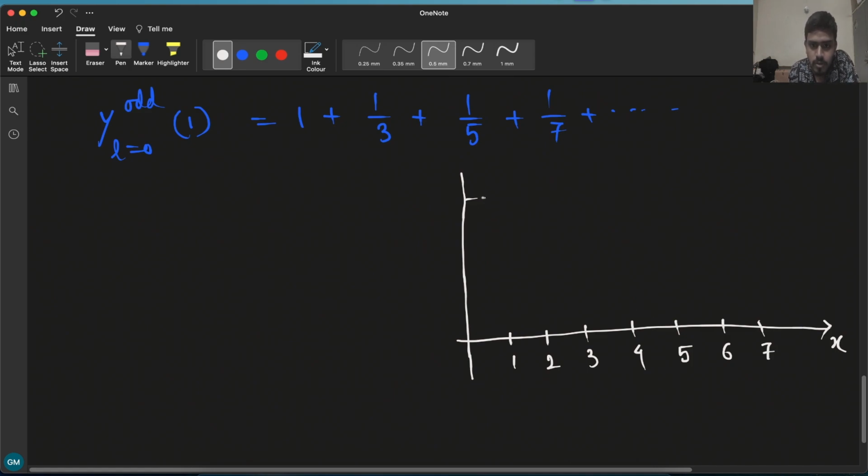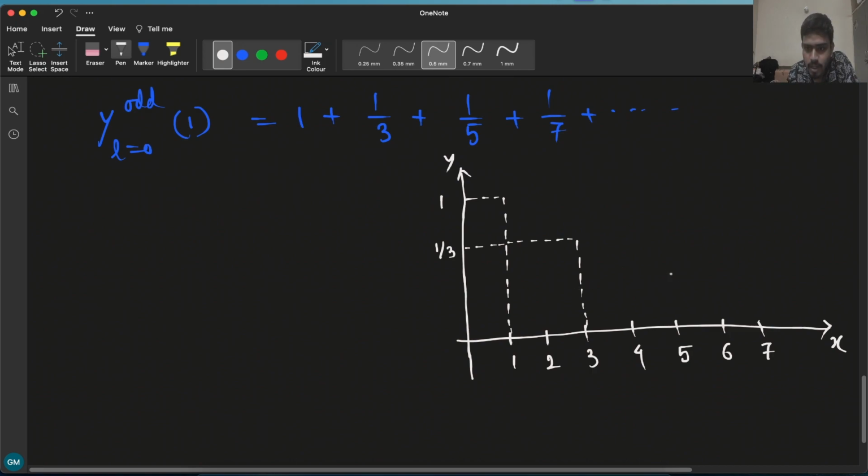So this is 1. It is not scaled properly, but for example, let's assume that it is 1 by 3 for the y-axis.